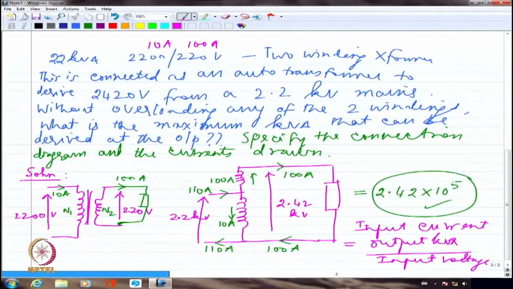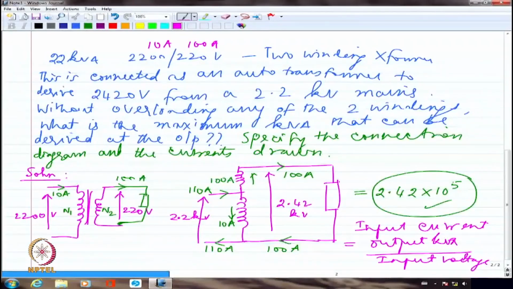Mind you, the primary winding is still handling only 2.2 kV multiplied by 10 amperes. Nothing more than that. So it is handling only 22 kVA. Similarly, the secondary winding is again handling only 220 volts multiplied by 100 amperes, which is again 22 kVA.